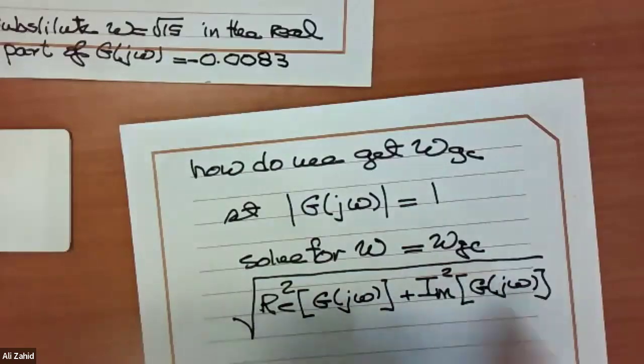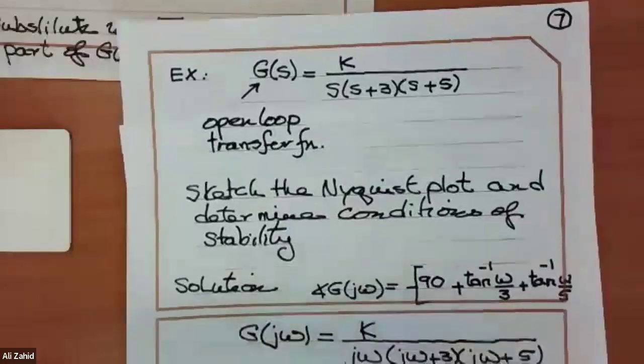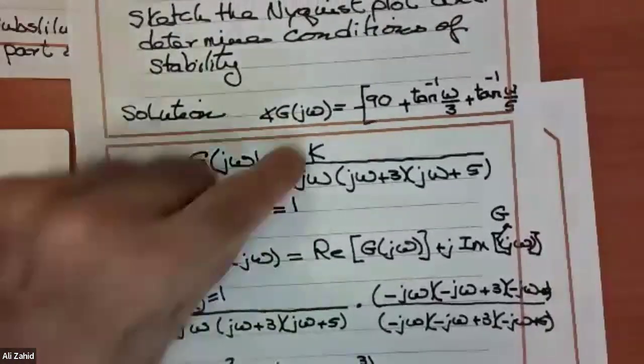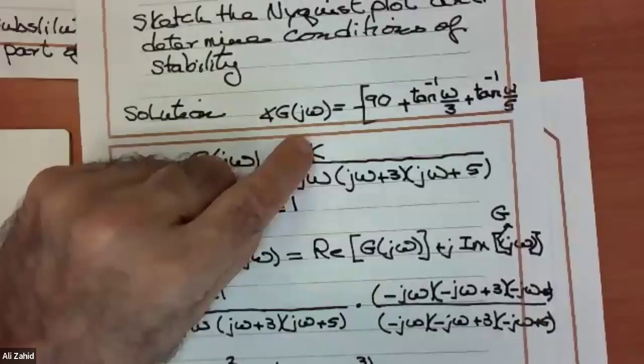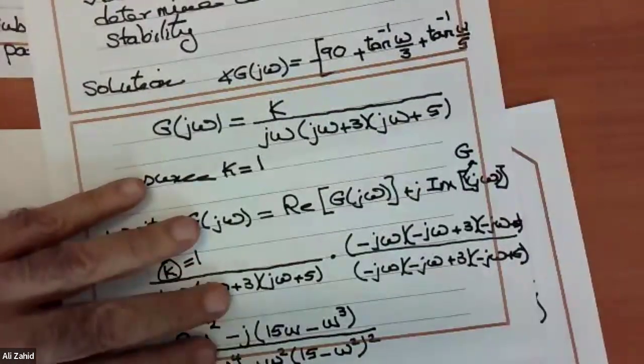Now, can you give it to me for our example? You don't have to solve this, but just give me the magnitude, for k equal to 1.